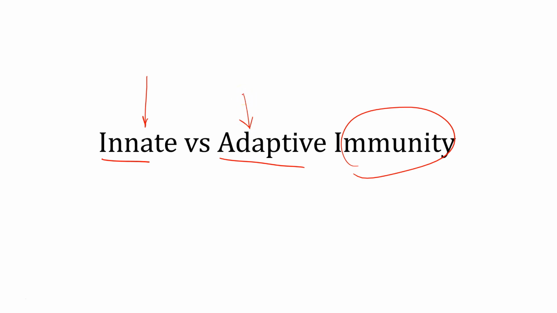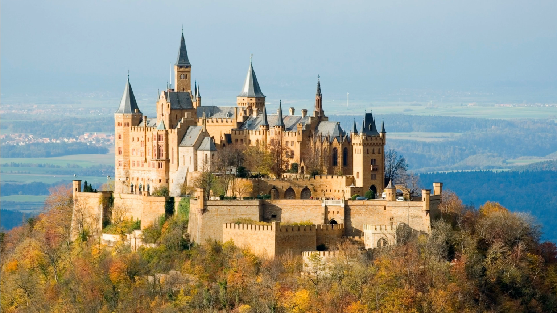And to understand the difference between these two sides of the immune system, I usually like to think about a castle. In the same way that a castle has some built-in defenses, for example, this castle is on a hill, right? So it would make it tricky for invaders to get into the castle because they have to climb up the hill to get to it. There's also all of these trees that are in the way, which make it hard for invaders to get into the castle.